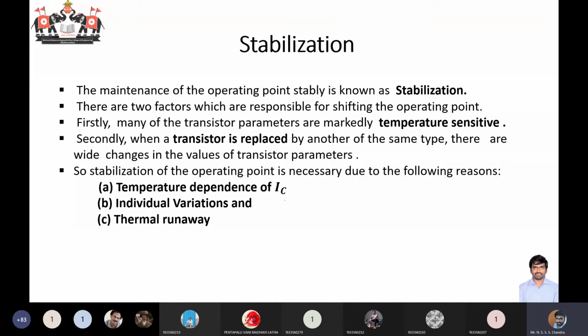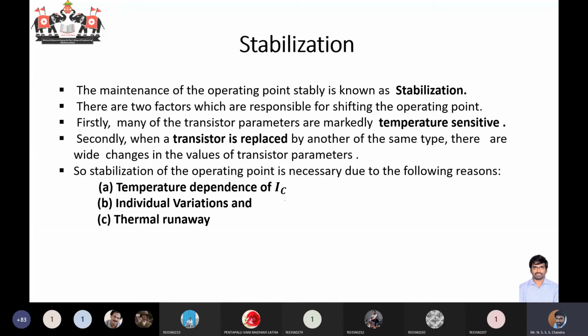Their values like beta value or VBE values will be different. Those small changes will reflect in the operating point. So replacing one transistor with another will result in shifting of the operating point.